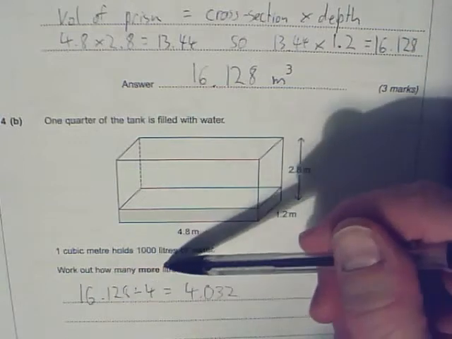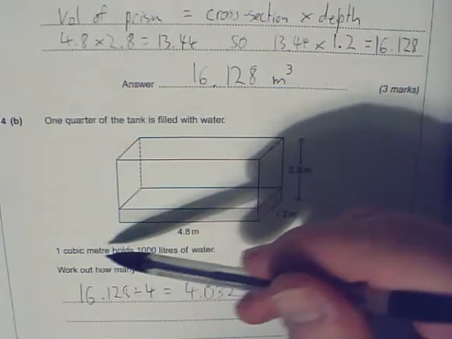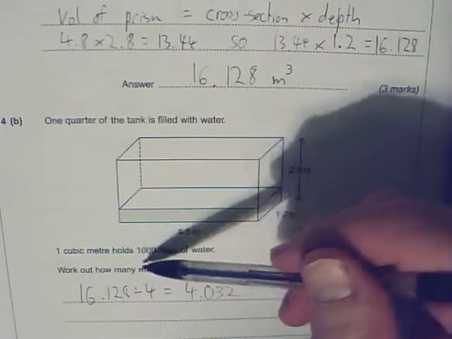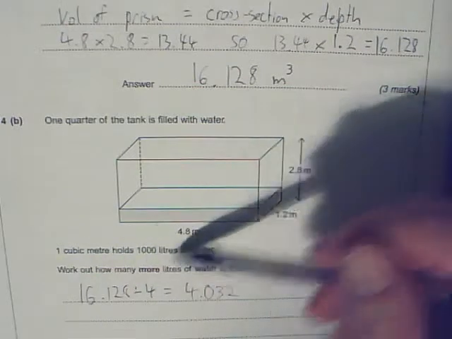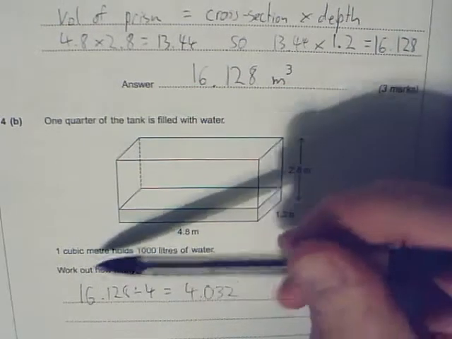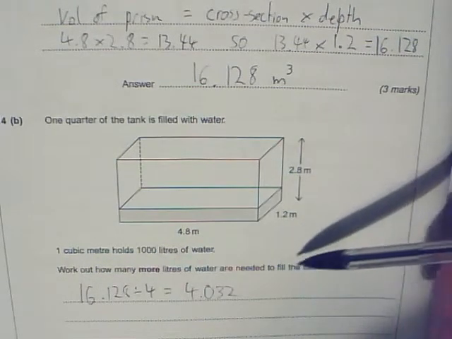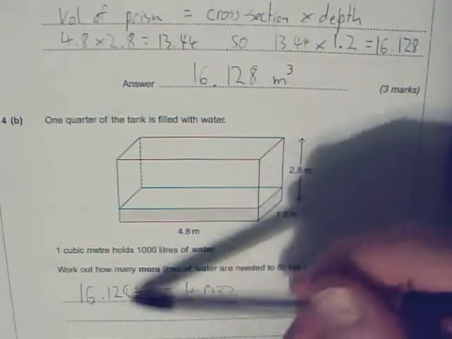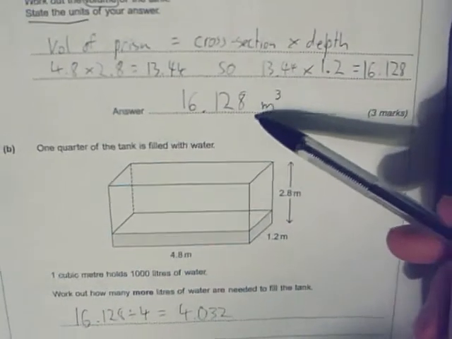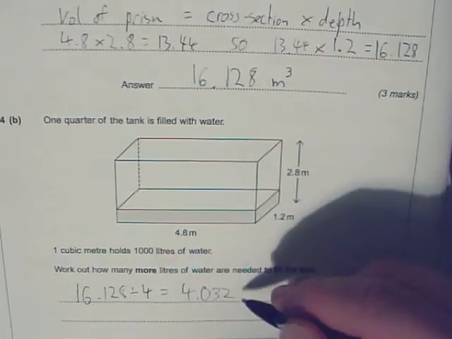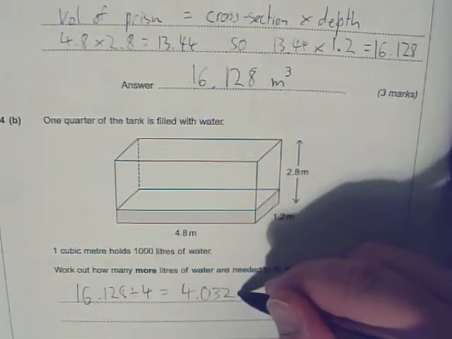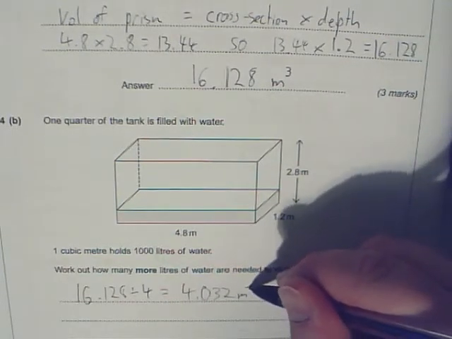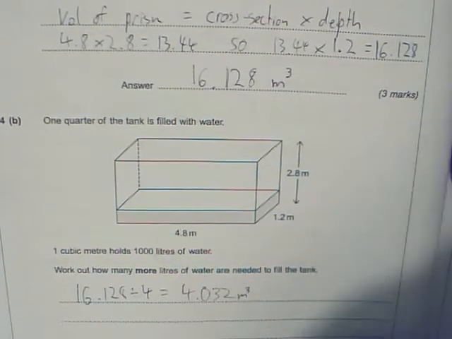I've got to work out how many more litres this tank contains. One cubic metre holds 1,000 litres of water. Fine, but how many more litres of water are needed to fill the tank? So I've got my whole tank size, which is 16.128 metres cubed, and the amount of water I've put in, which is 4.032 metres cubed. I know that because it's a quarter of that.